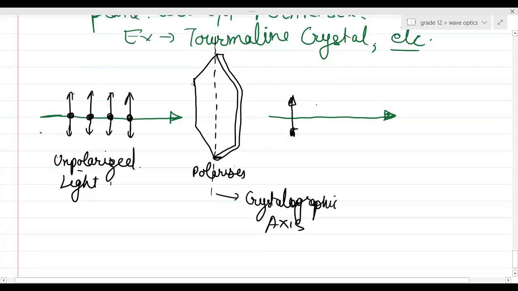So can you see just an arrow, no dots? Only those vibrations were left which were along the crystallographic axis, right? Yes or no? This is called polarized light.